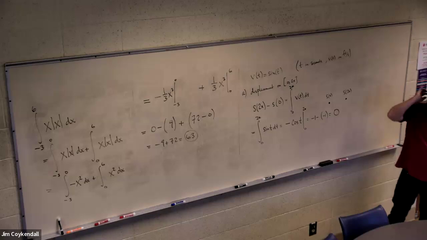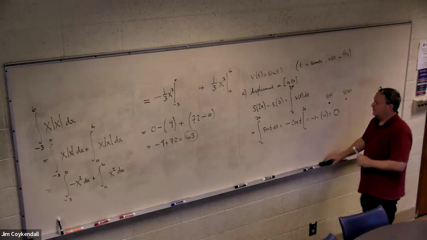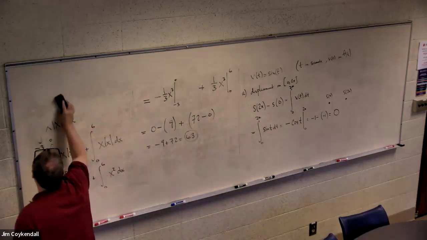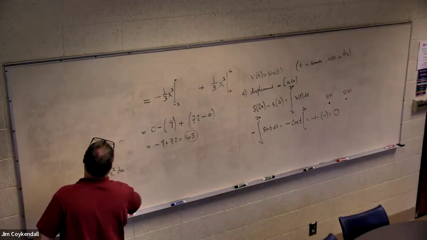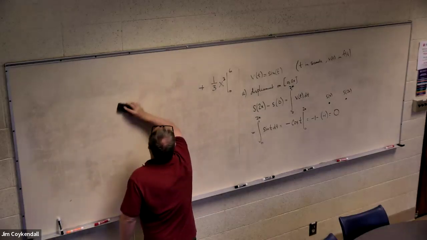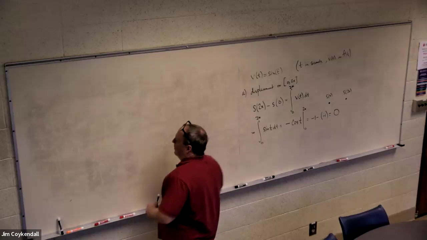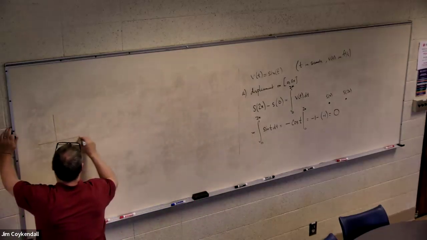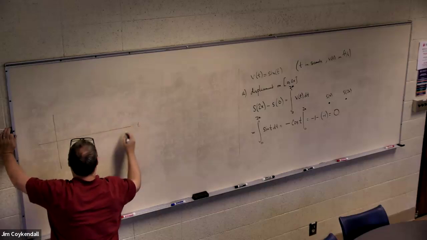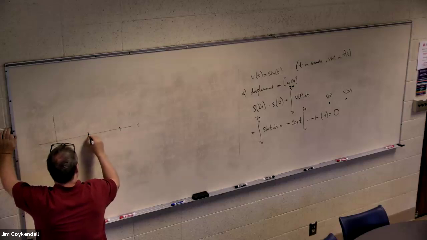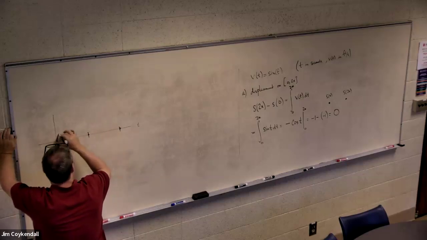And this actually makes sense, and this will also be helpful for part B, but here's why this makes sense to me. If you look at sine t on the interval from 0 to pi, it looks like this.